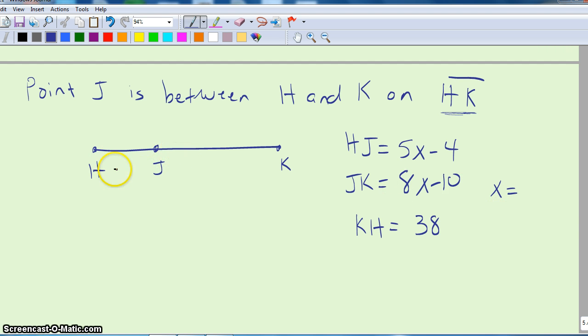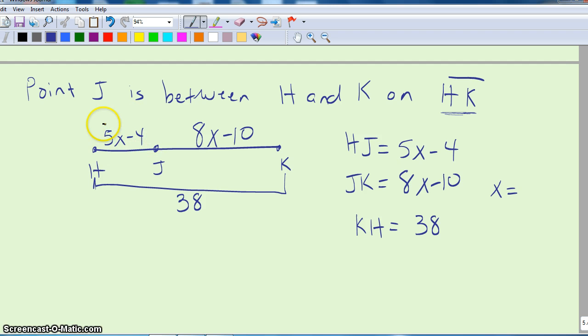Okay, well, H to J, 5x minus 4. From J to K, that is 8x minus 10. And K to H, all of it is 38. So, let me ask you something. How do you get this 38?